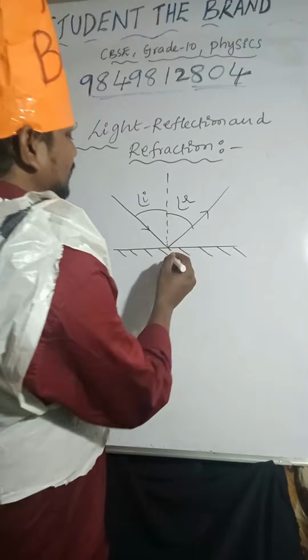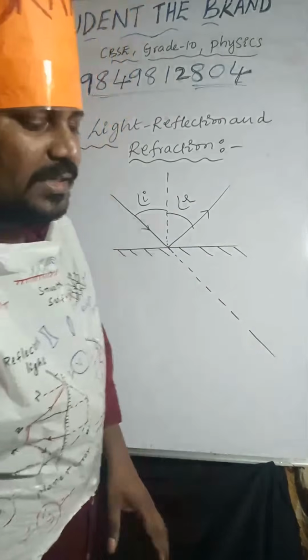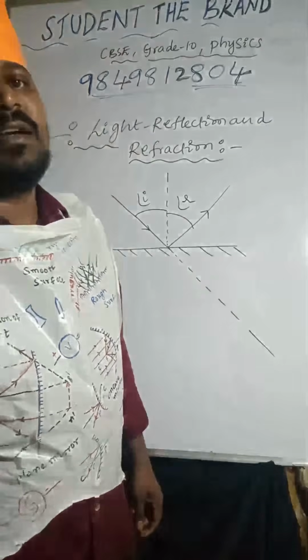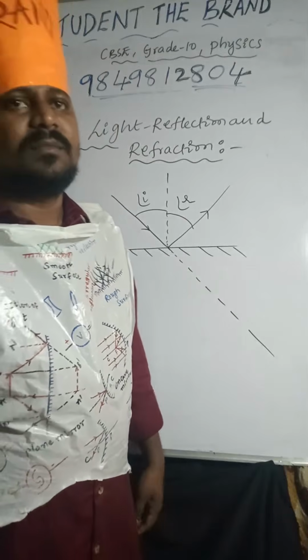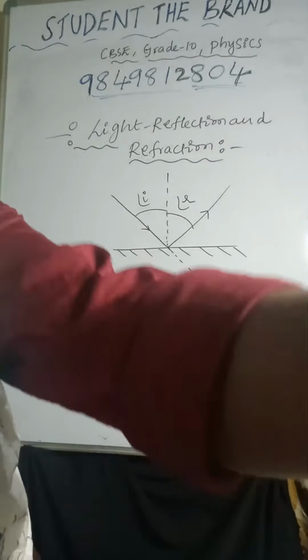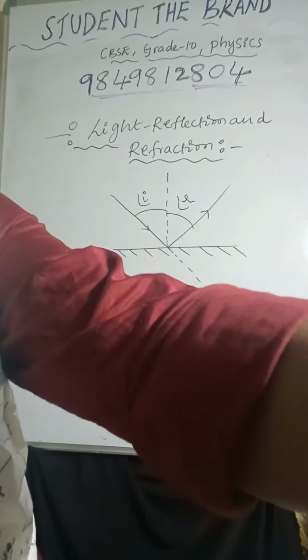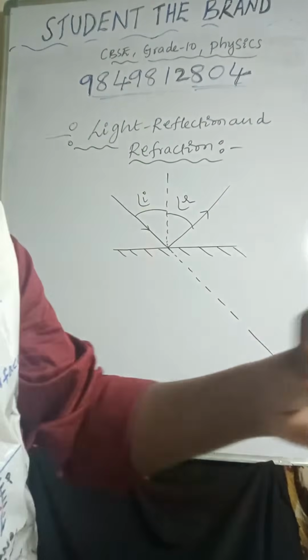Normally, if a light ray passes through a homogeneous medium, it moves in a straight line path. In a homogeneous medium, light moves in a straight line path. Yes or no? Yes.